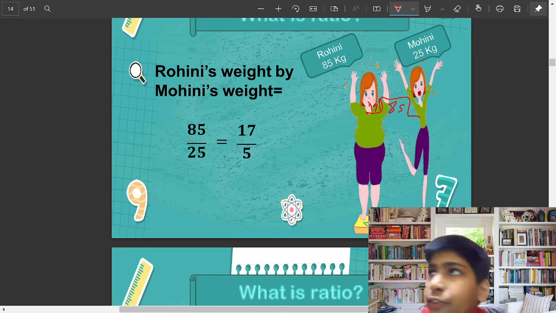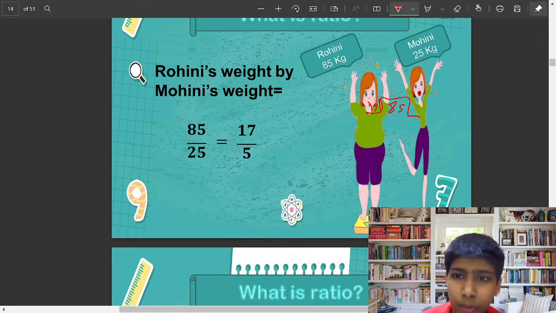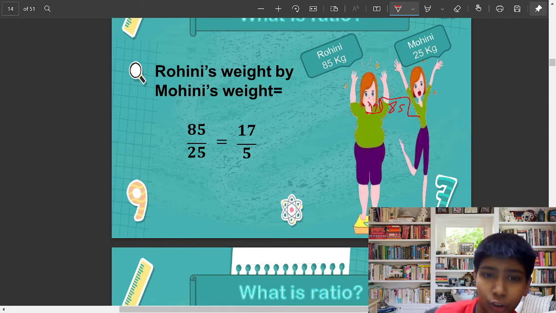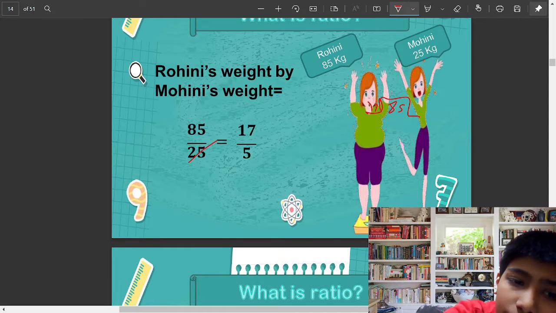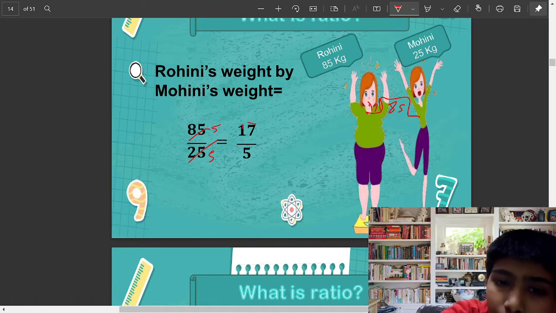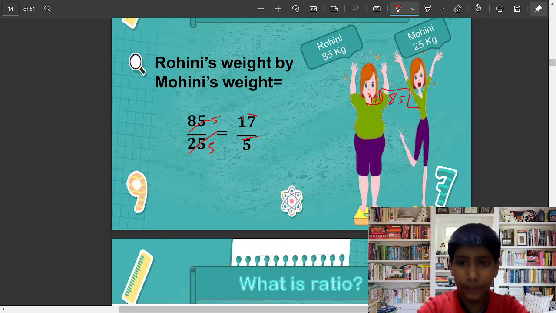We have to divide it fully. 85 divided by 5 is 17, and 25 divided by 5 is 5. So the answer is 17 upon 5.